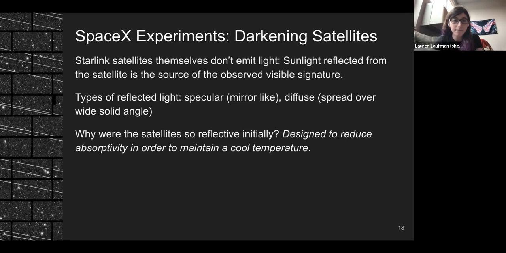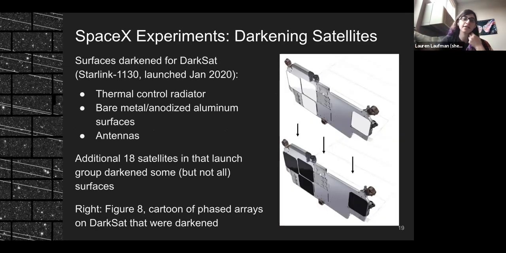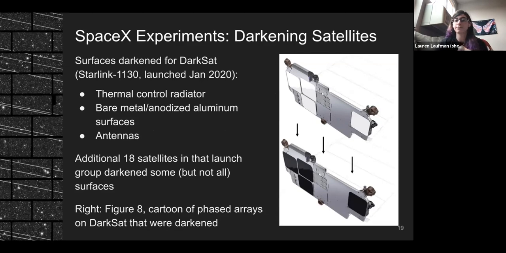So they launched something called Darksat, which was their initial trial of darkening the satellites, also known as Starlink 1130, January 2020. So the parts that they were able to paint black, so to speak, were the thermal control radiator, the bare metal anodized aluminum surfaces, and the antennas.